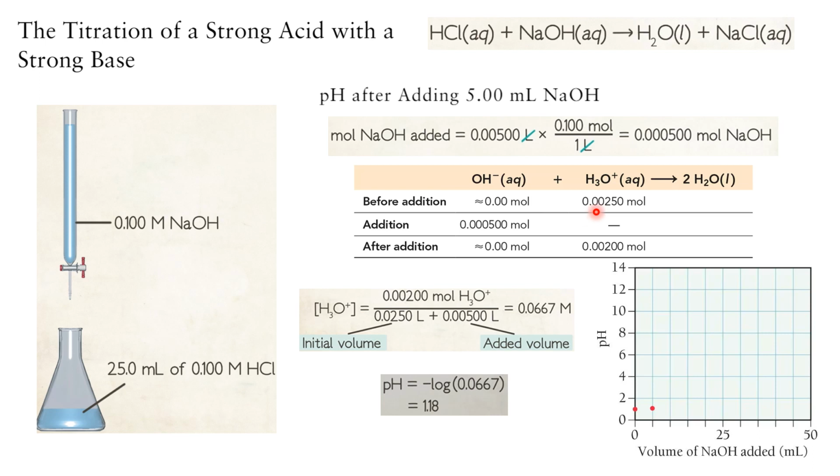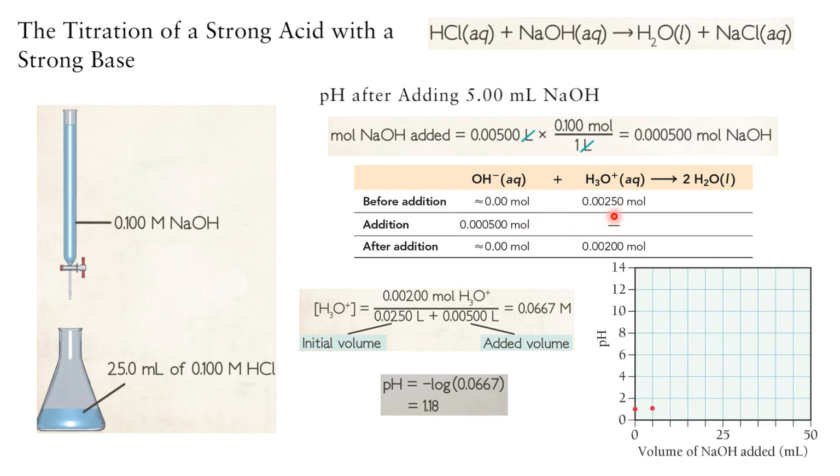Right? Because that's basically the amount of moles that's in here. This is the amount of moles of acid that's in this flask. And now we know we have a certain amount of moles of base that we added to it. So what's going to happen? All of this acid is going to consume all of this base and turn it into water, right?